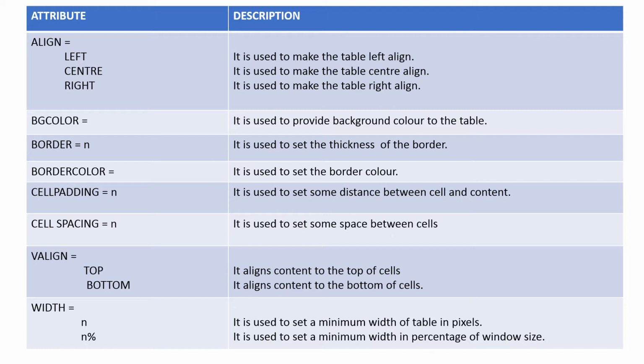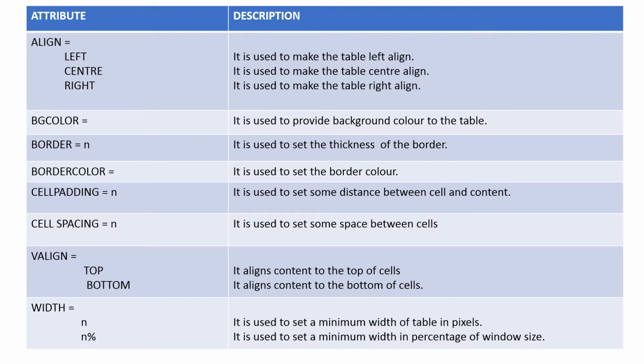Whichever place you want your table to be aligned. Now, suppose you want to add a background color to the table. You can use the attribute bgcolor, and bgcolor is equal to whichever color you want.